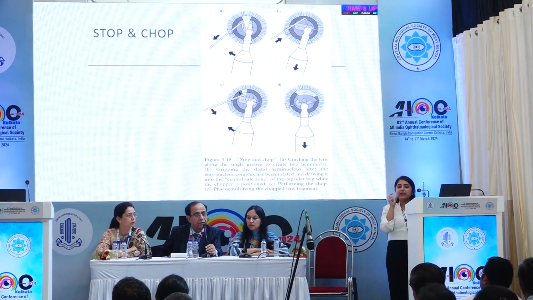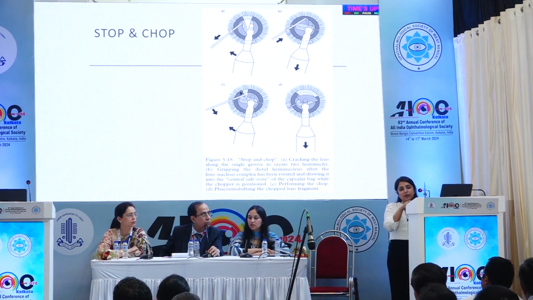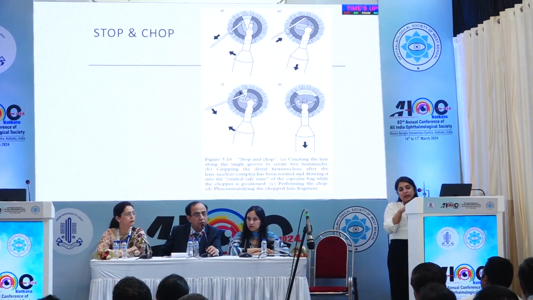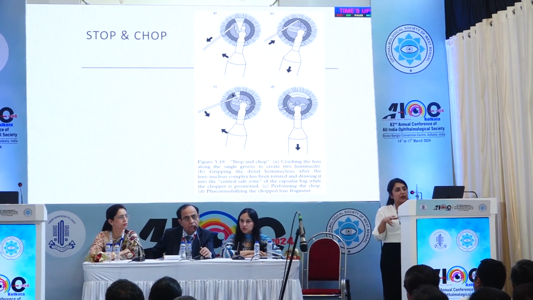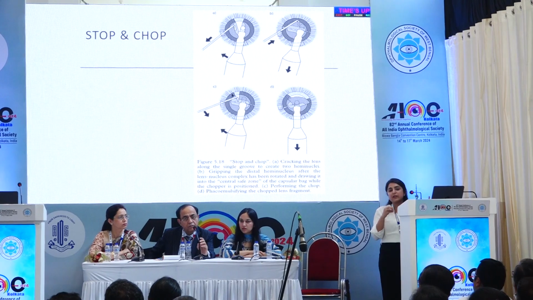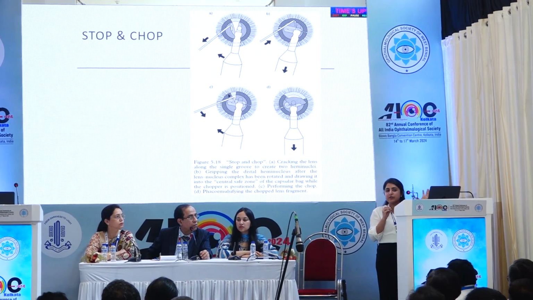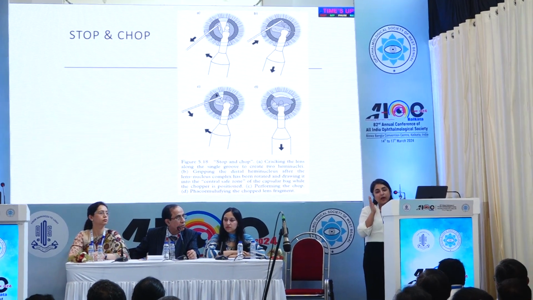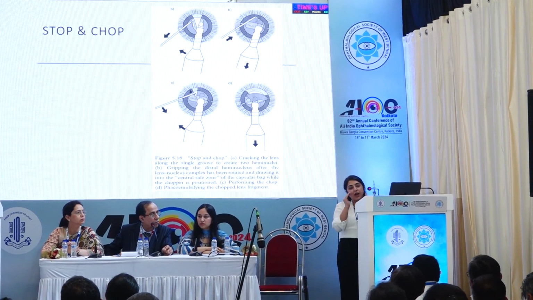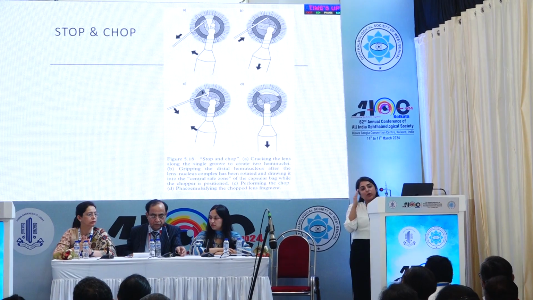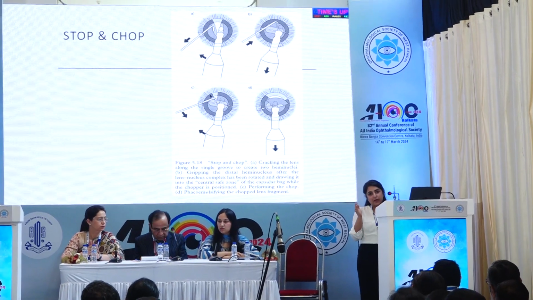But in case you're doing a direct chop, you can have high power settings, depending upon the grade of the nucleus. Suppose you're doing stop and chop in a soft nucleus, you can keep the power setting low compared to what you use in trench. But in cases of hard cataract, you can use a higher power setting, and you can also use different modes.